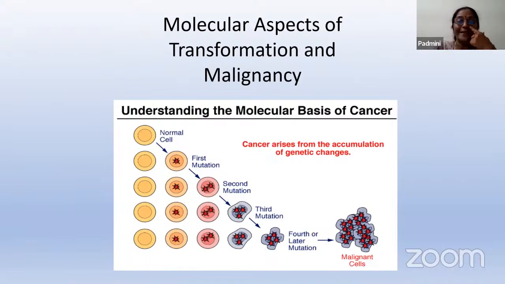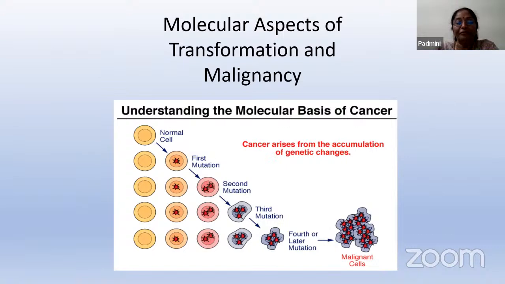Okay. We'll go to the next aspect of malignancy, that is the molecular aspects of transformation and malignancy. So what is it? If you can see the cells in this picture, you have a normal cell, and if this normal cell undergoes mutations, with the first mutation, nothing happens.